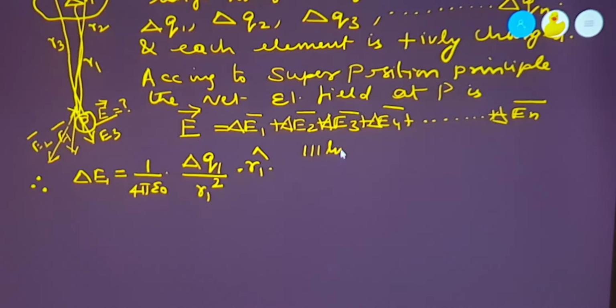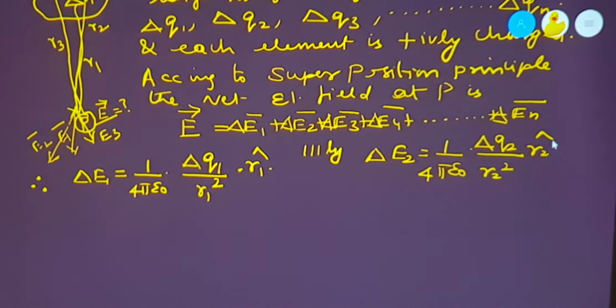Similarly, delta E2. What is delta E2? Again, 1 by 4 pi epsilon 0 delta Q2 divided by R2 square R2 cap. Go for delta E3.